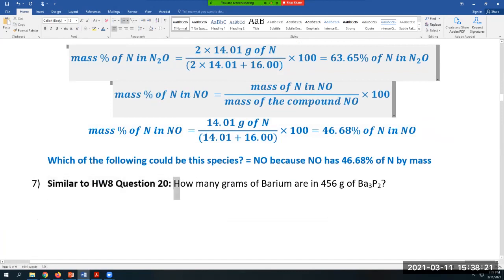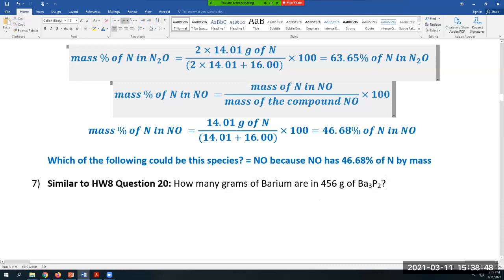So the question is, how many grams of barium are in 456 grams of Ba3P2? P is phosphorus. So we have this mass of the compound, and we want to know the mass of just barium in that compound. So percent by mass is useful in this case, right?